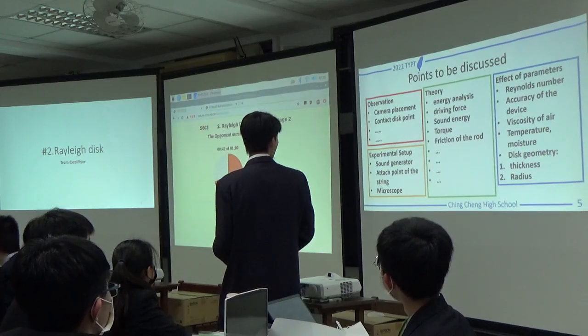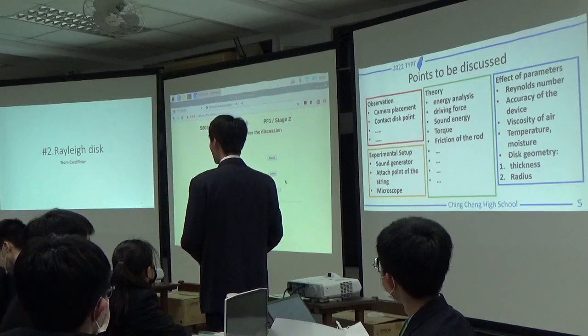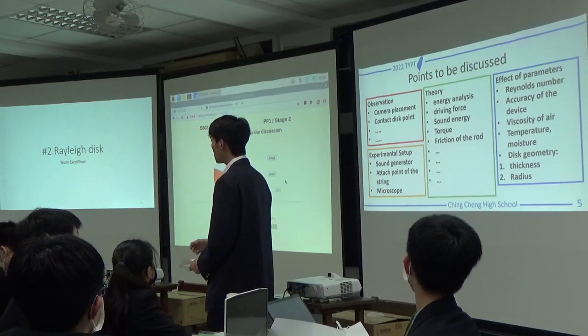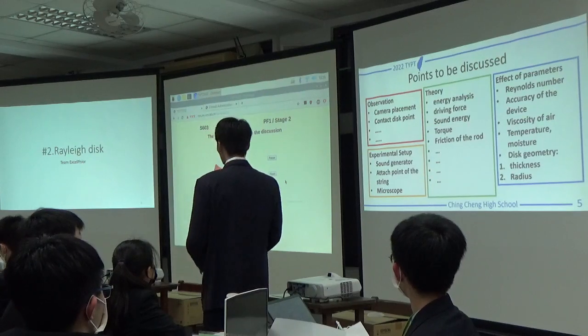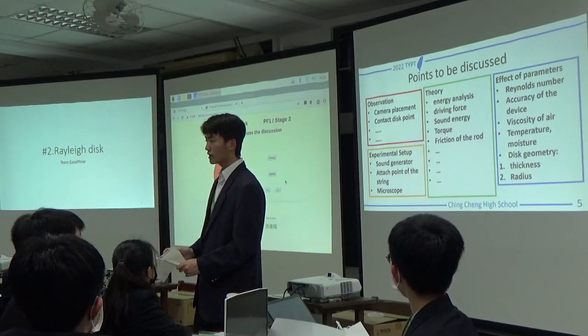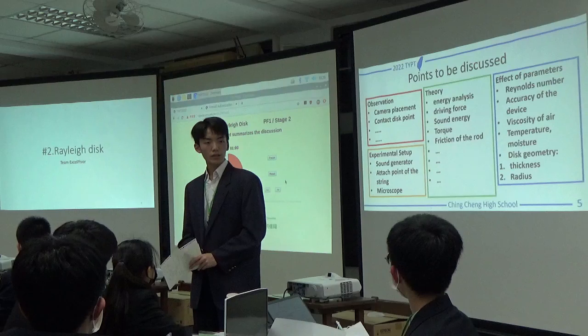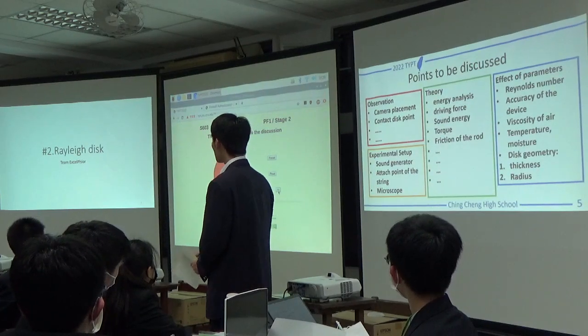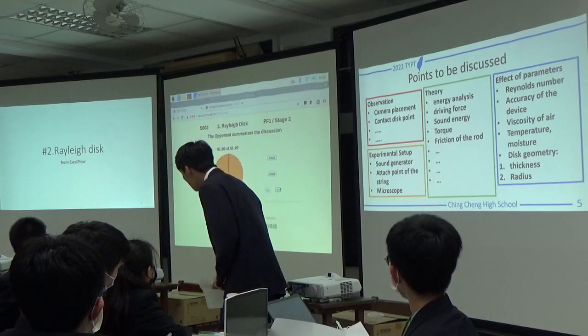And finally, I discussed with them some of the parameters that may affect the experiment, like the Reynolds number and the temperature which they have controlled, and the thickness of the disk and the radius of the disk. So this is my discussion with the reporter, and I think that we have known more about this problem. And thank you for reporter.